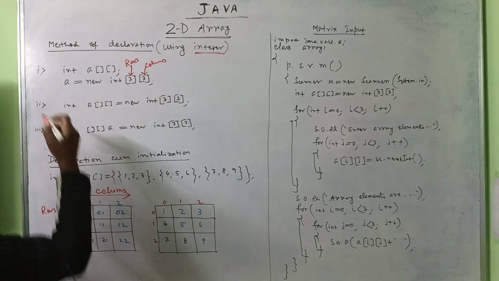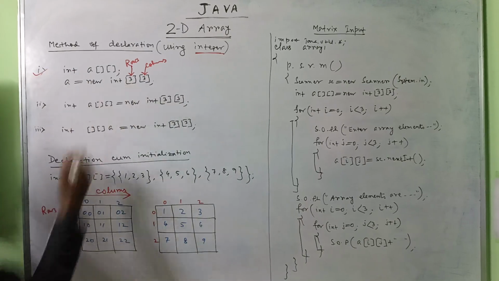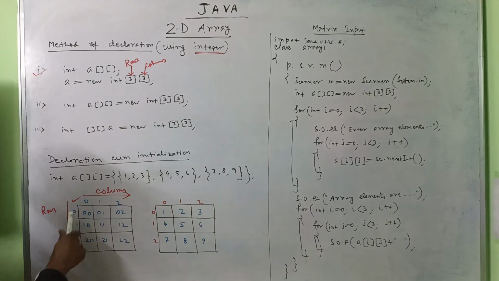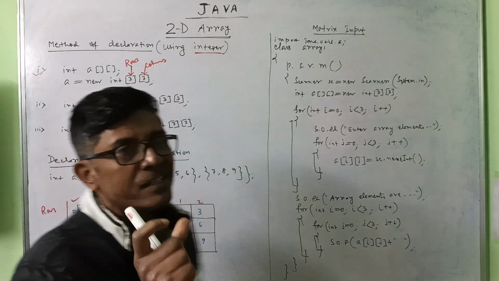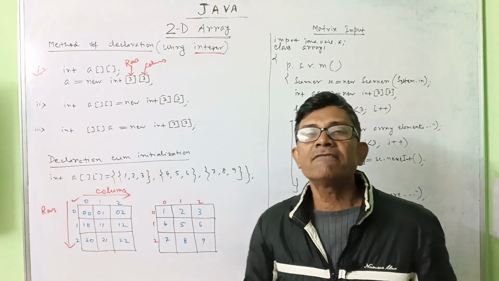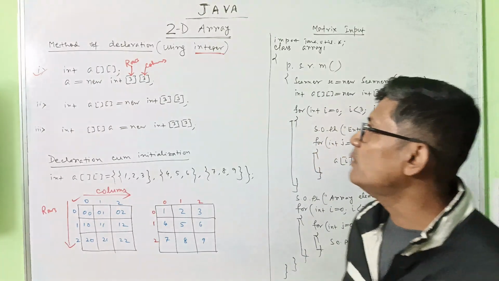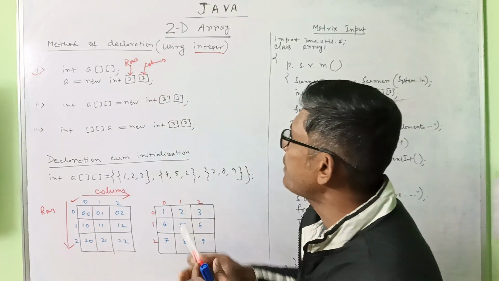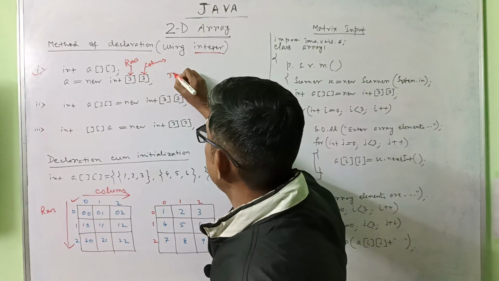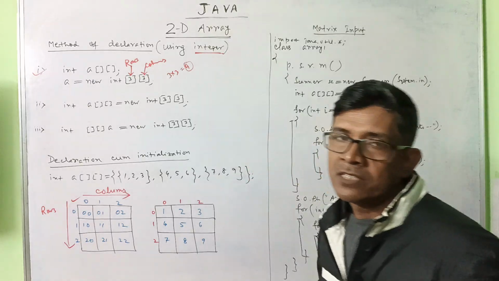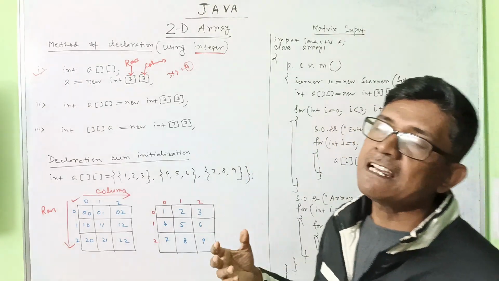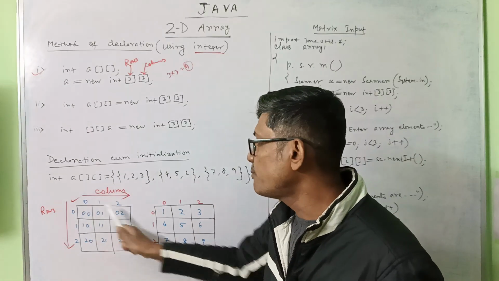Whenever you write this code, you are making a place where you will write integer values. How many values can you write? 3 into 3, that means 9 integer numbers. Any integer value you can write into these positions.